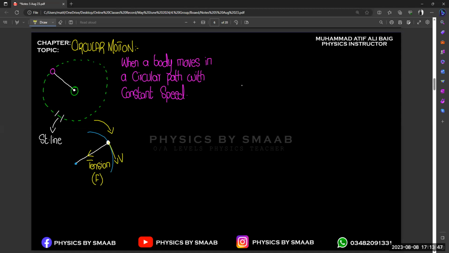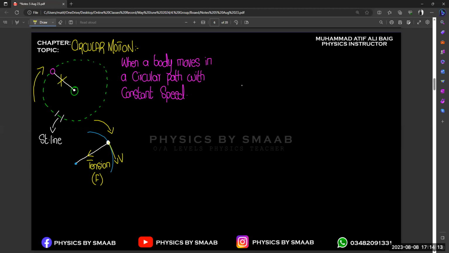Let's suppose we are moving this object in a circular path and suddenly this string breaks. In which direction will the body move? Let's suppose at this specific point the body is moving in the clockwise direction, and at this point the string disconnects from the body.